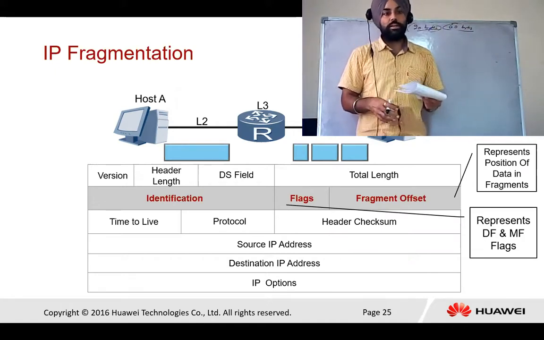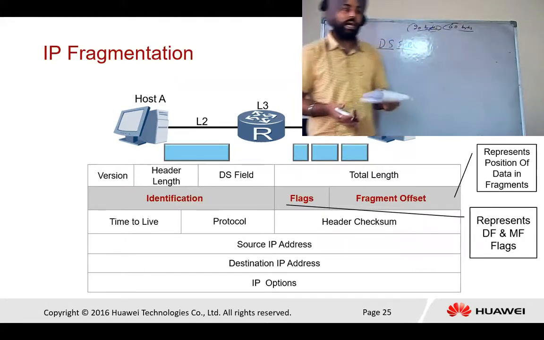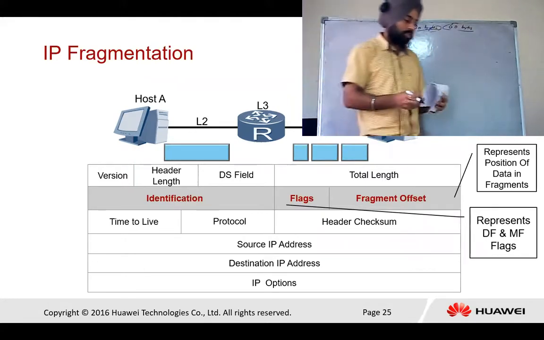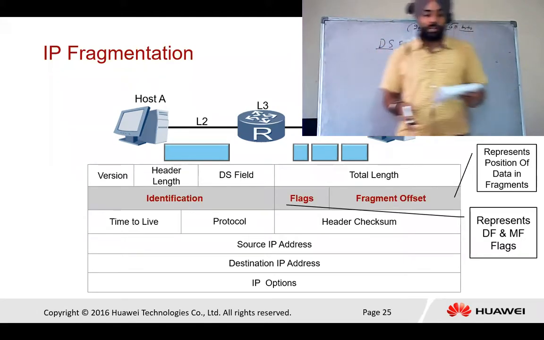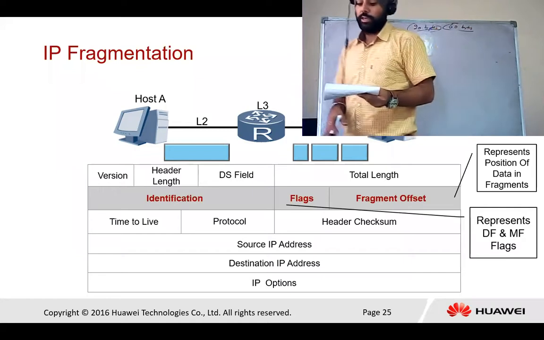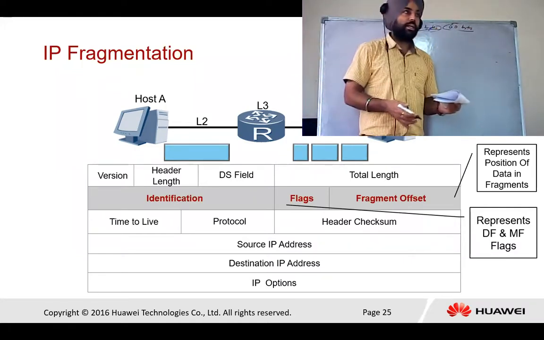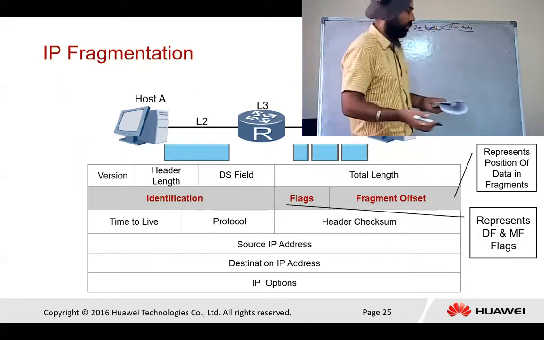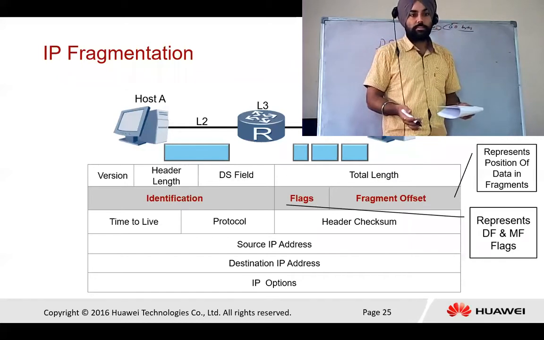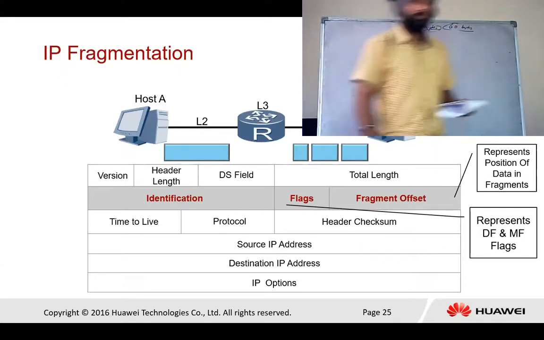That is the destination IP address. Another one is the IP options. This is an optional field, for example for security, like IPsec, or for timestamps. So this is all about the IP header.